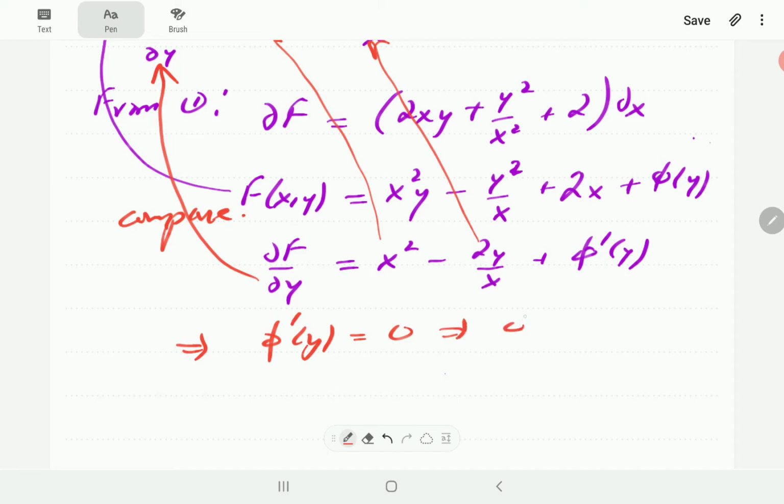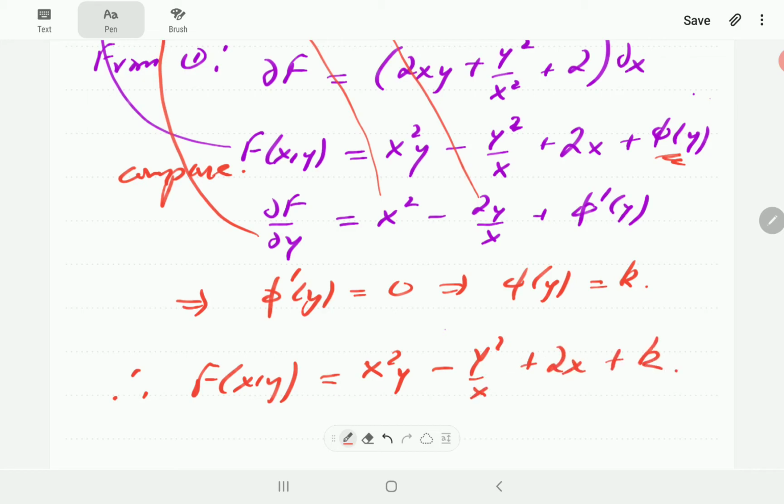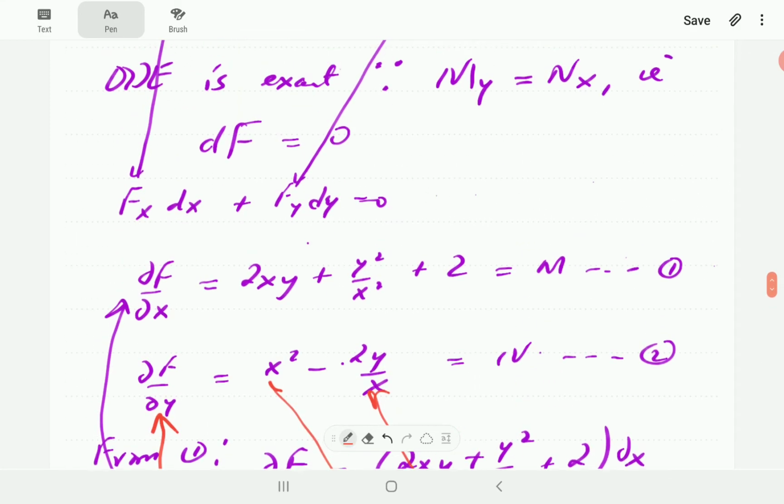And then from there, we can say that phi is just going to be a constant. We now have f then, because we can take this and plug it back there. So therefore, f of xy is x squared y minus y squared over x plus 2x plus k. Okay, so that is that function that we're looking for.